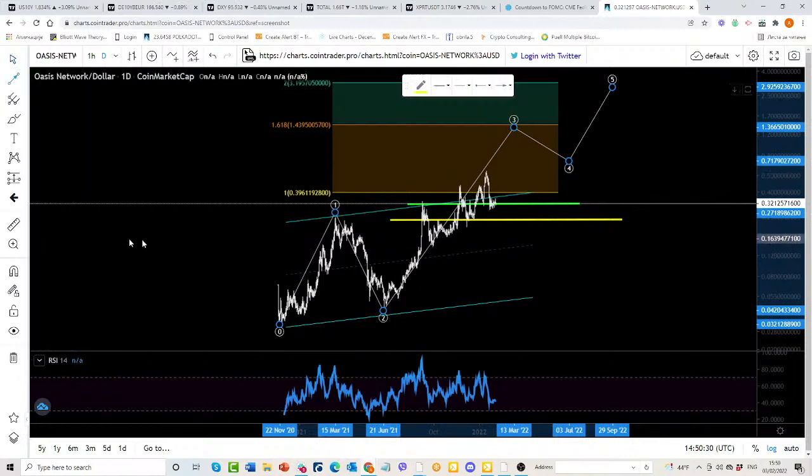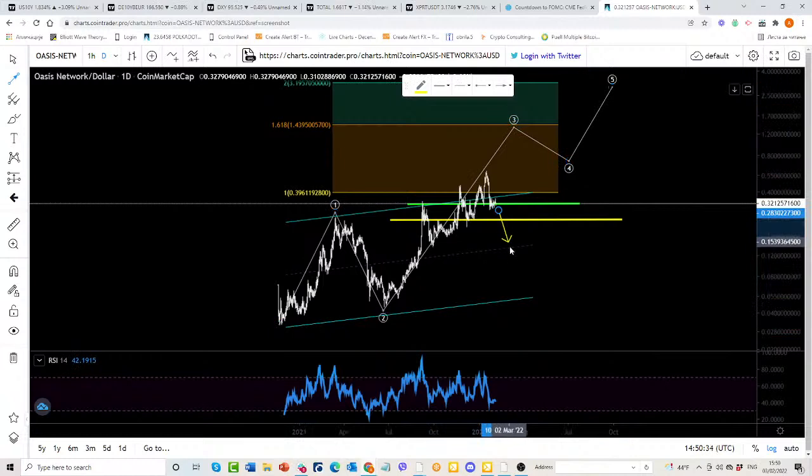Something which definitely I don't like to see on Rose is if we continue to this level lower, and that will be actually very detrimental for the price of Rose. Here we cannot have the wave degree violation if we count this as a 1, 2, 1, 2.